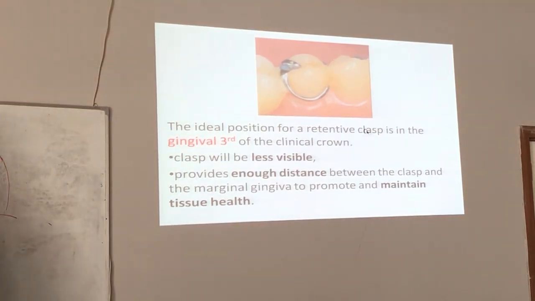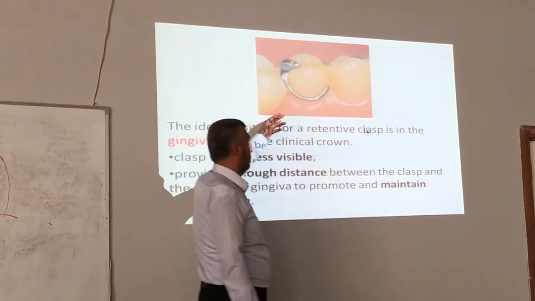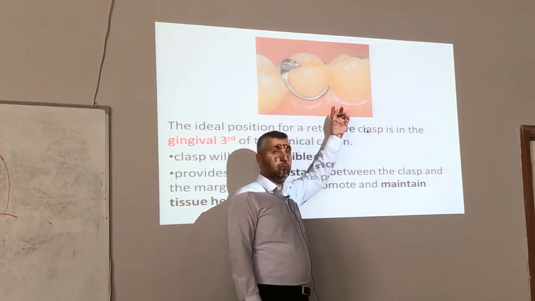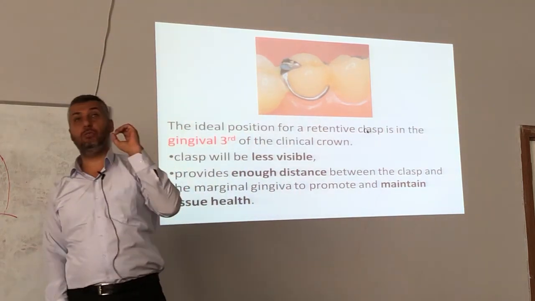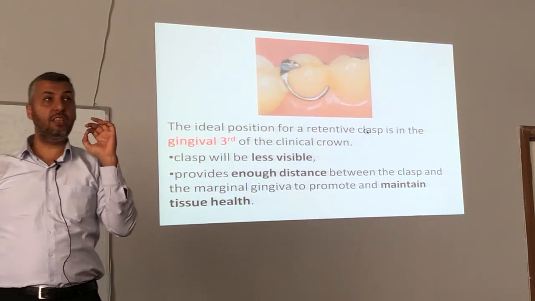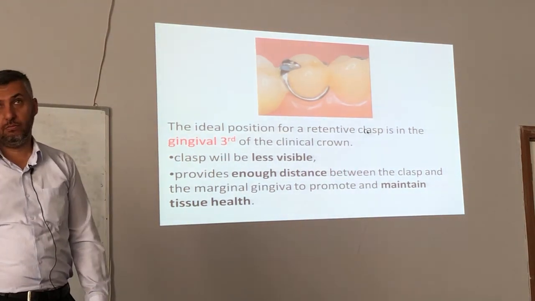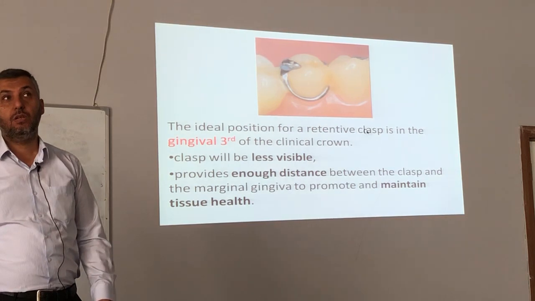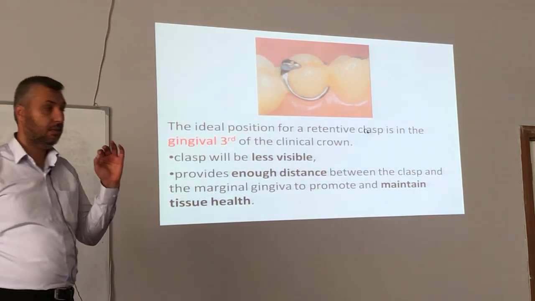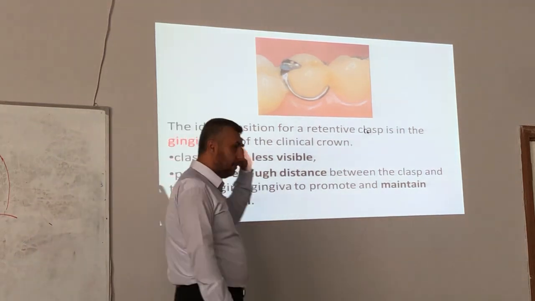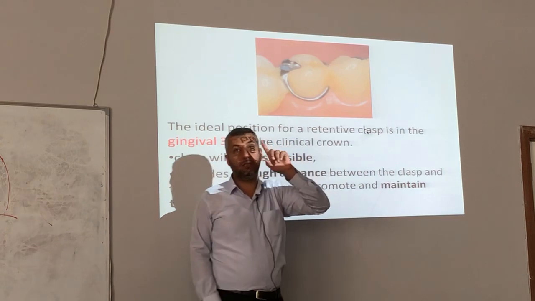Other point. This clasp should be positioned, as much as possible, in the gingival third of the clinical crown. The gingival third of the crown. But with a minimum distance from the gingiva, 1 millimeter.